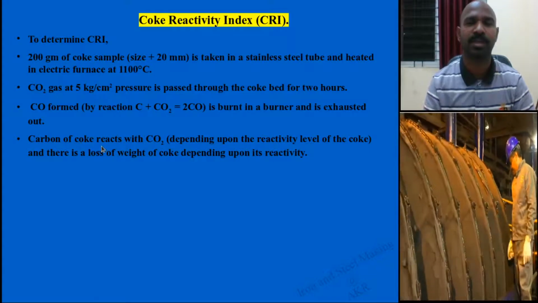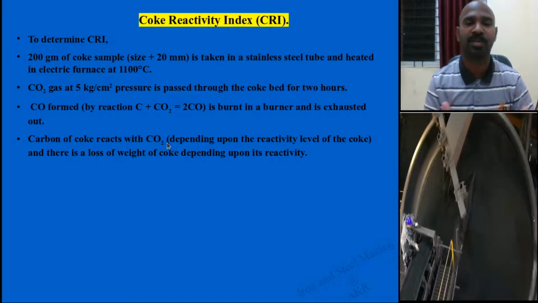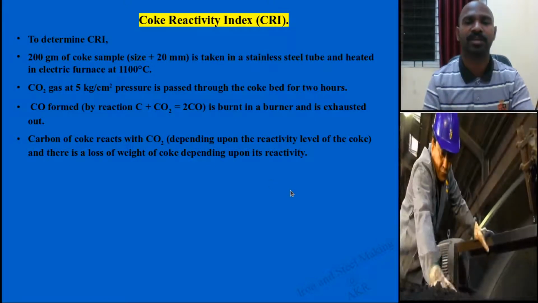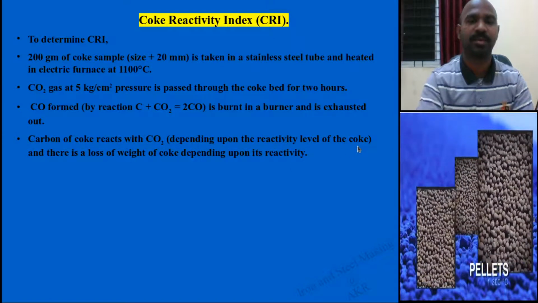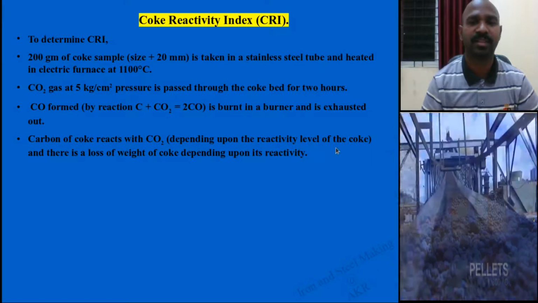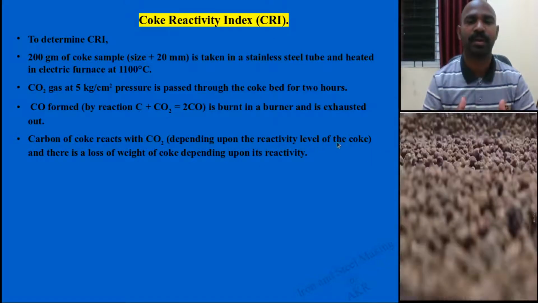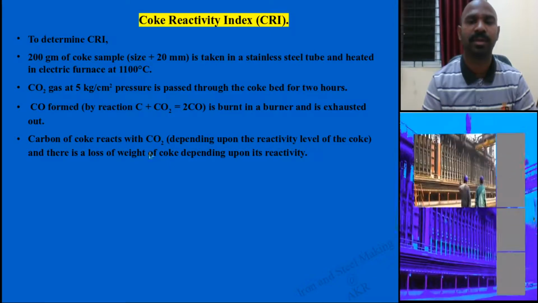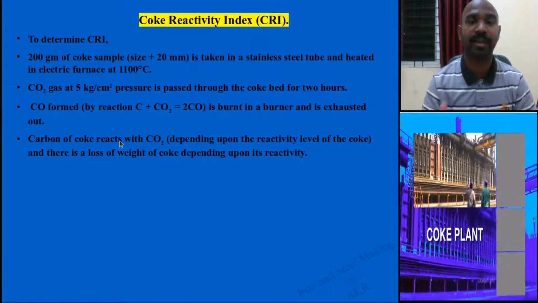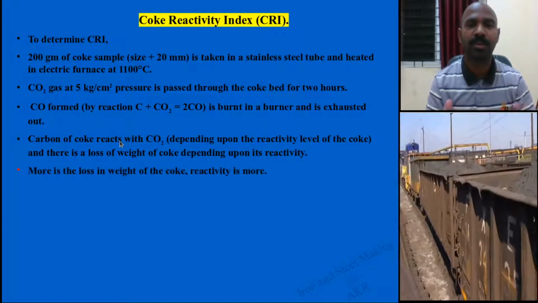This reaction of carbon in coke with the CO2 mainly depends upon the reactivity of coke, and the reactivity is nothing but the loss of weight of the coke when it is reacting. This point one needs to remember and understand.